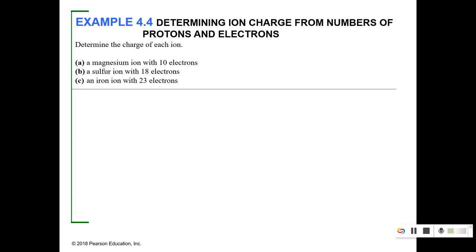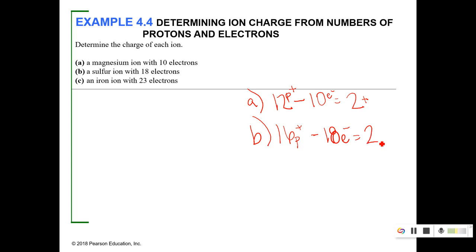All right, so magnesium with 10 electrons. So Mg, I'm going to write it over here. A has 12 protons minus 10 electrons is a plus 2 charge. B, sulfur starts out with 16 protons, minus 18 electrons is negative 2 charge.